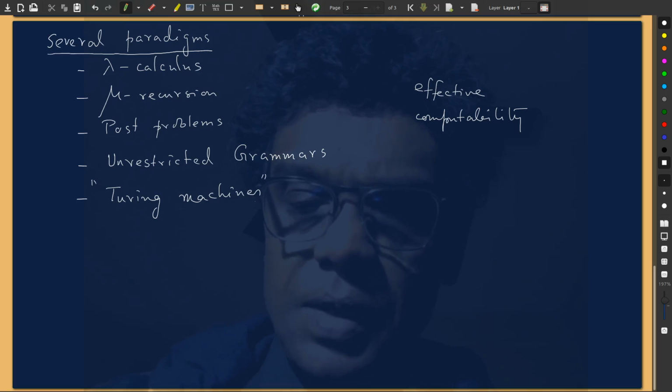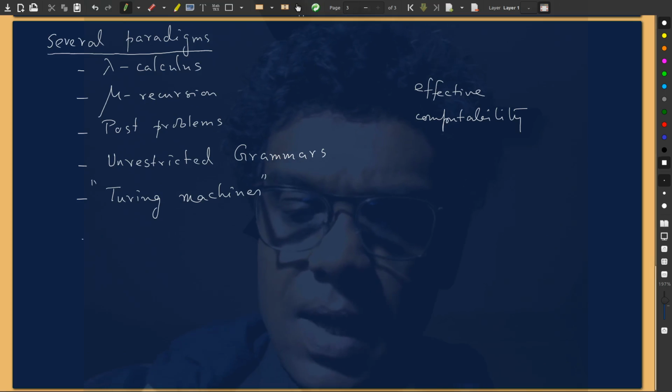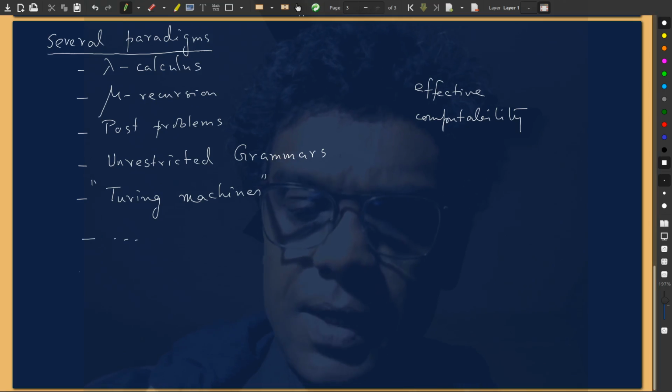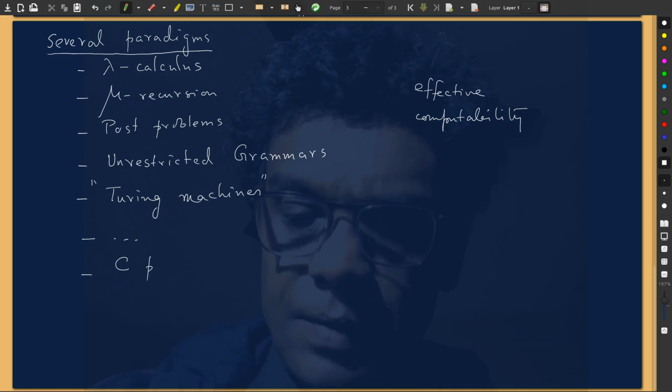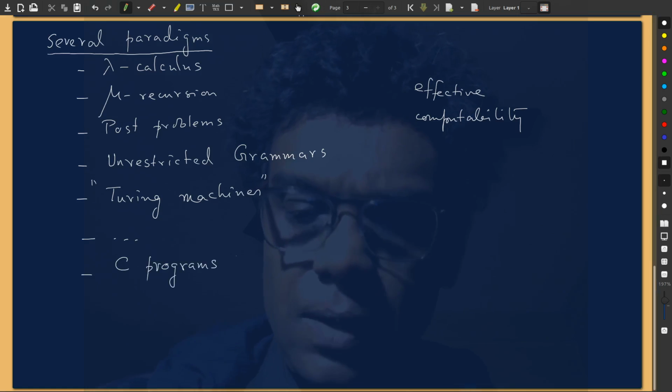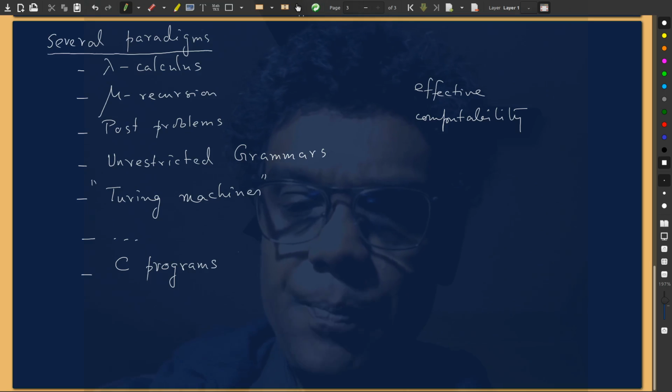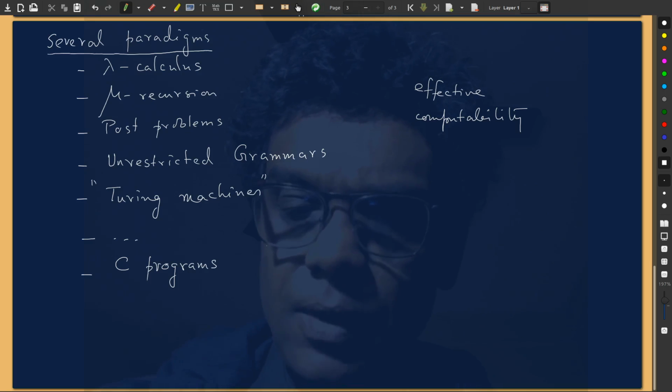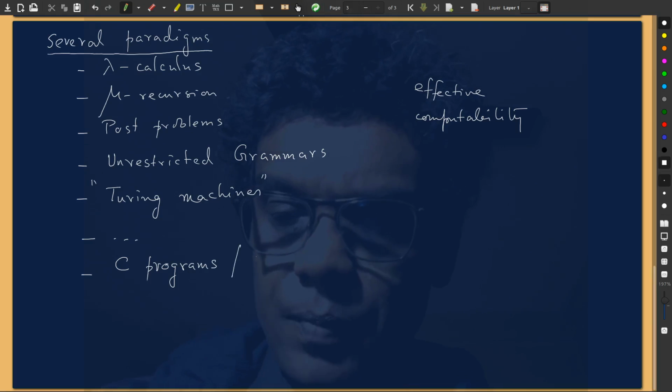But what turned out is that, and of course, there are many other things. And today, of course, you can write things like C programs, or C++ programs, Java programs, and all that, any high-level language program, or even assembly language program.